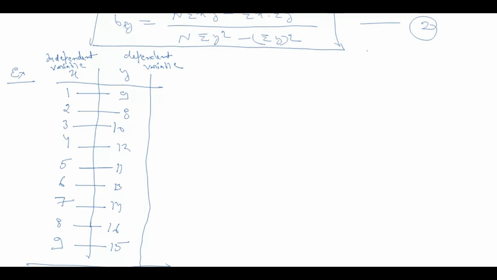So here we only need to calculate. The equation of y on x is y minus y bar is equal to byx into x minus x bar, right? So we only need the value of this byx. X bar and y bar we can calculate using these columns.